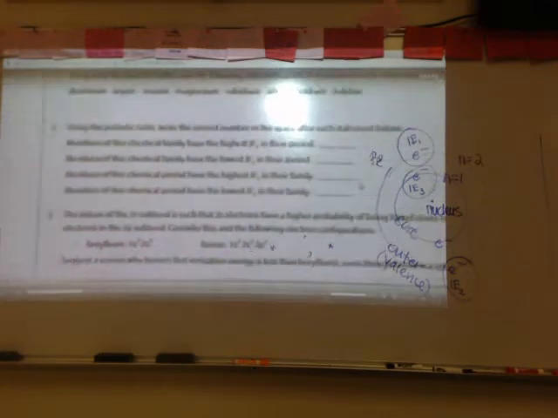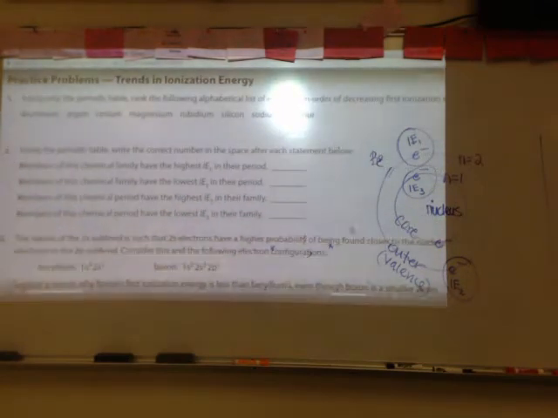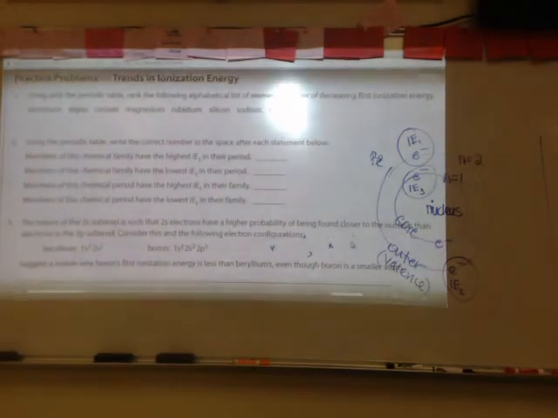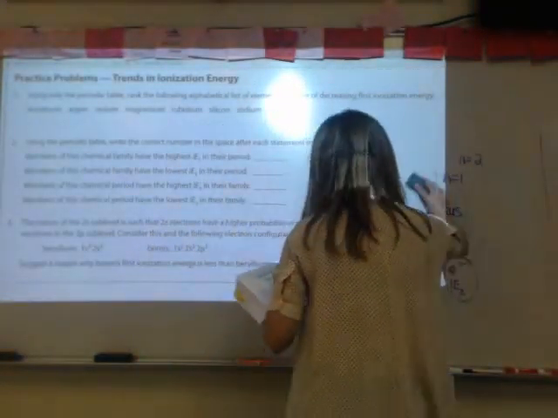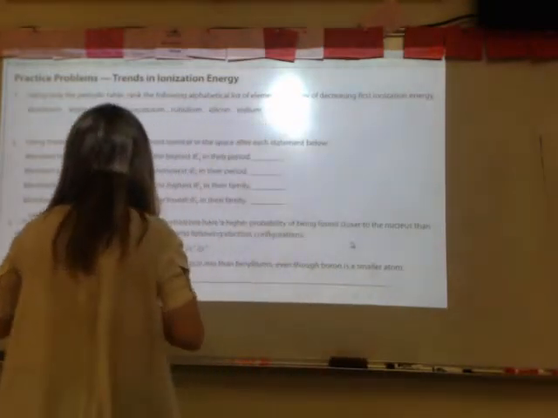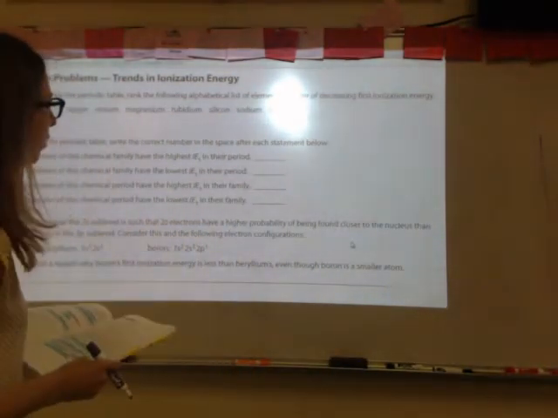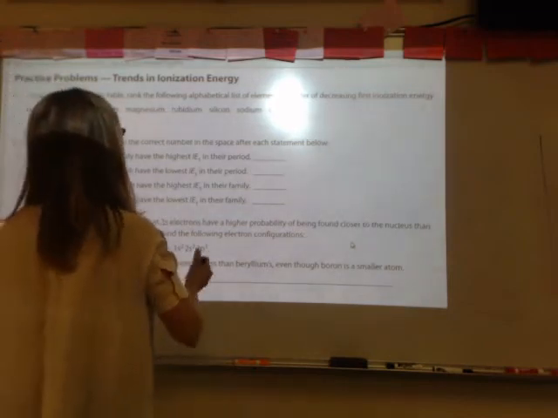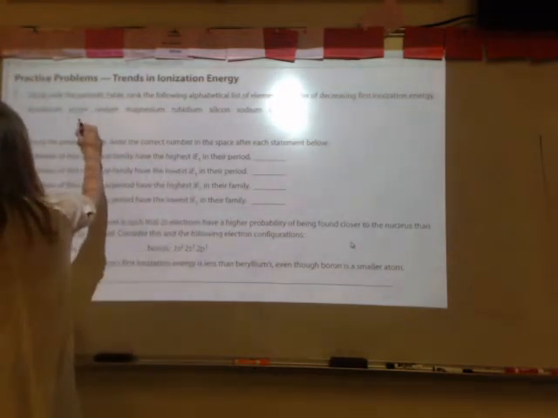If you take a look here at the practice problems on the next page, number 1 says, rank the following alphabetical list of elements in order of decreasing first ionization energy. So argon is stable.